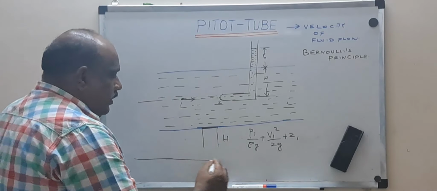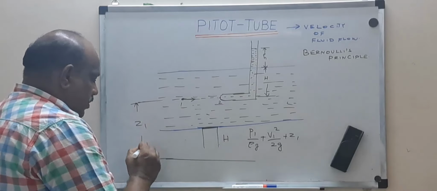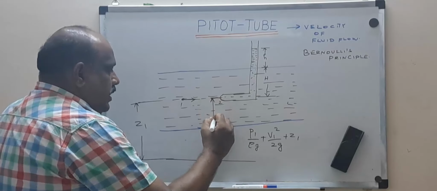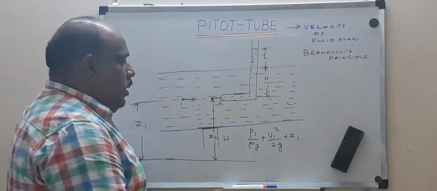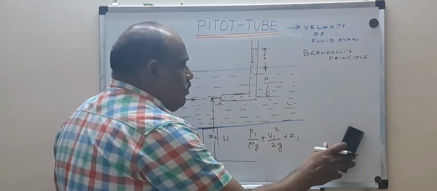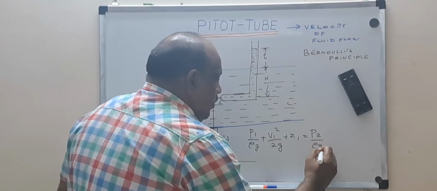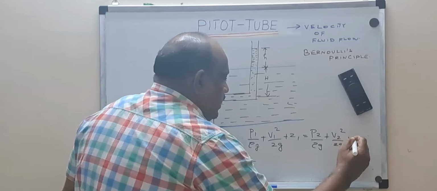We'll take the datum here. What about Z2? Z2 is at the same height. So P1 by rho g plus V1 squared by 2g plus Z1 is equal to P2 by rho g plus V2 squared by 2g plus Z2.